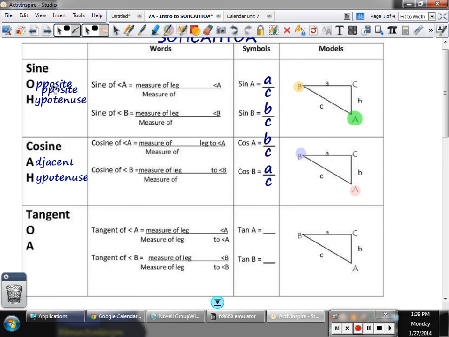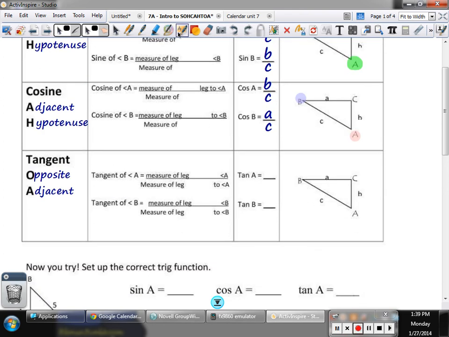Tangent is just the opposite side over the adjacent side. So when we look at the tangent of A, the opposite is A and the adjacent is B. We're not going to have C at all.